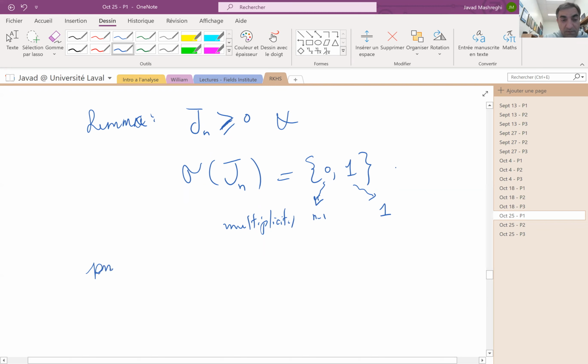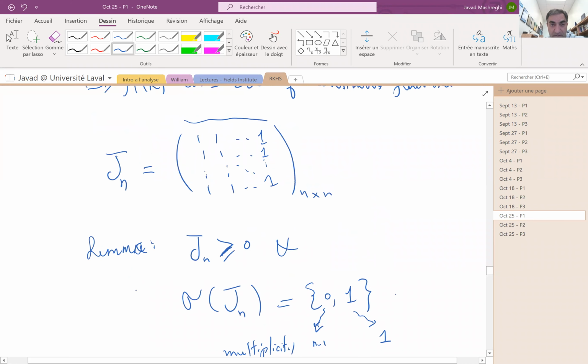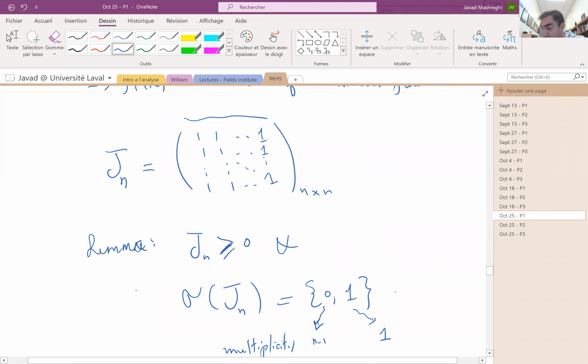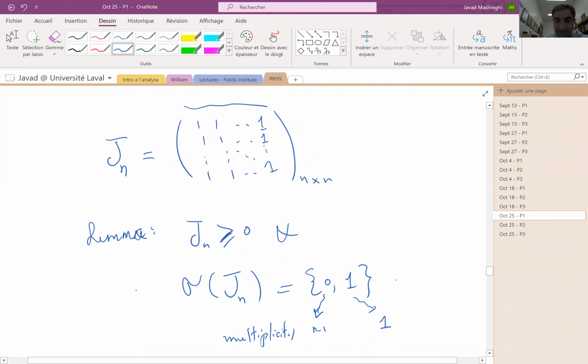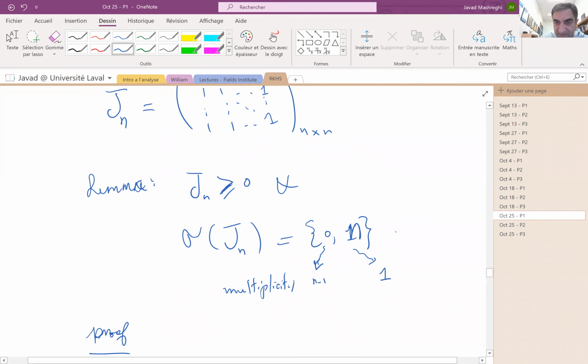Robin, can I interrupt? I'm misunderstanding something. This is the matrix of all ones? Yes. Aren't the eigenvalues 0 and n? Yes, thank you. Yes, n, 0 and n. Yes, indeed.